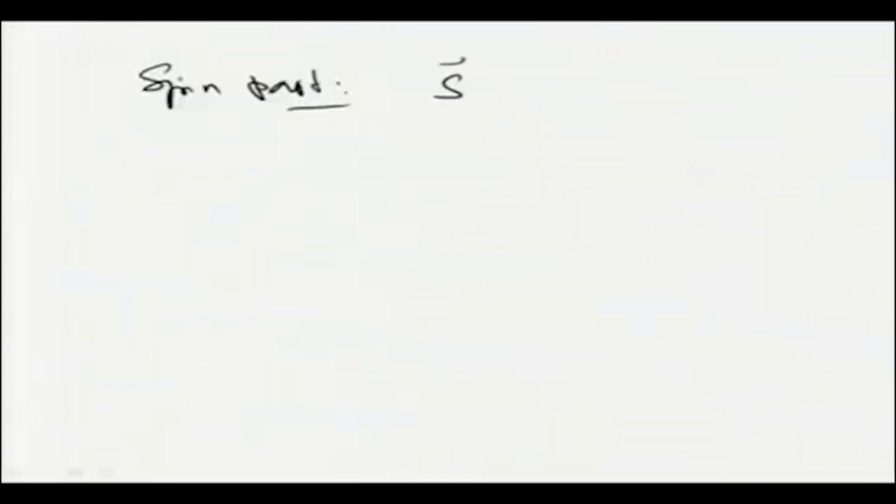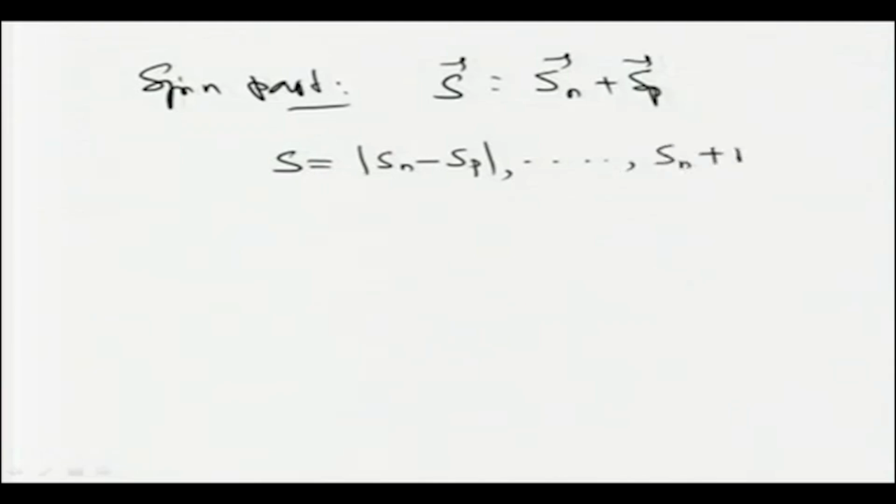So, S is equal to Sn plus Sp, added again according to the angular momentum addition rules of quantum mechanics, which says that if Sn and Sp have values Sn and Sp, without the vector sign now, the magnitude, then the total spin can have values ranging from the absolute value of Sn minus Sp, increasing in steps of 1, up to Sn plus Sp.